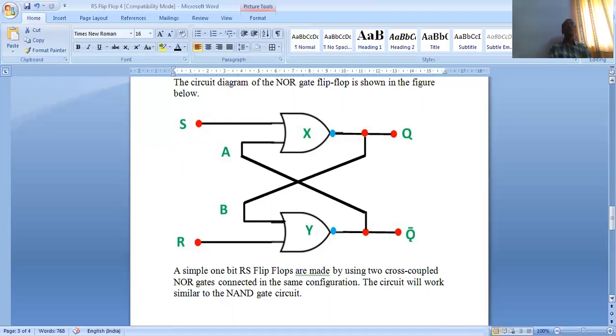Same is the case for the AND gate. On the other hand, in the case of the OR gate, where we connect the input, that line is curved. The same curved line is observed in the case of the NOR gate. That is the difference in construction.